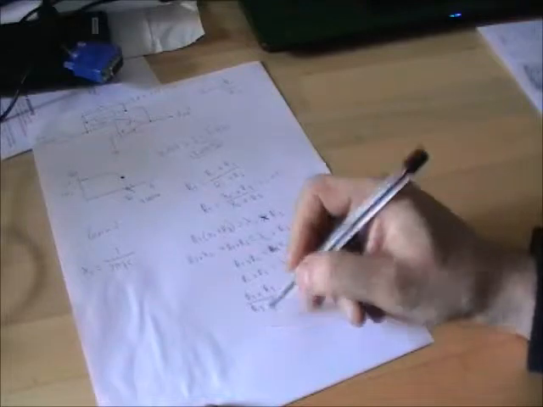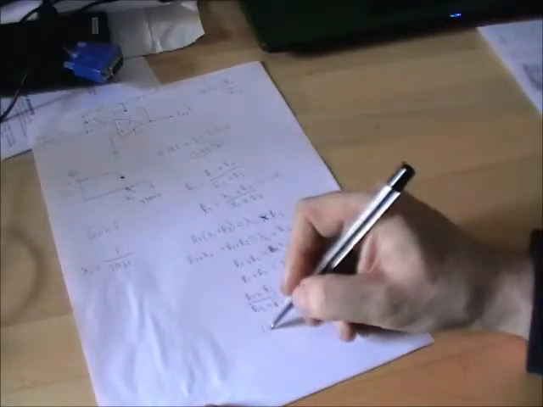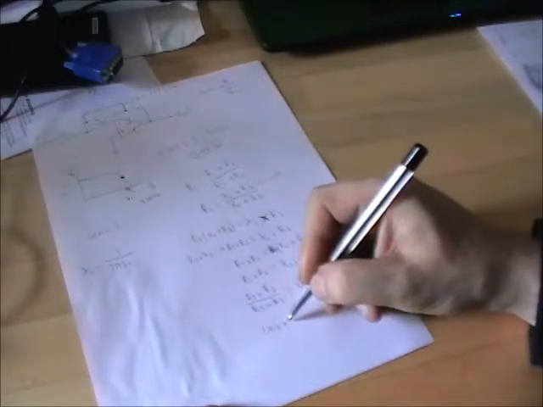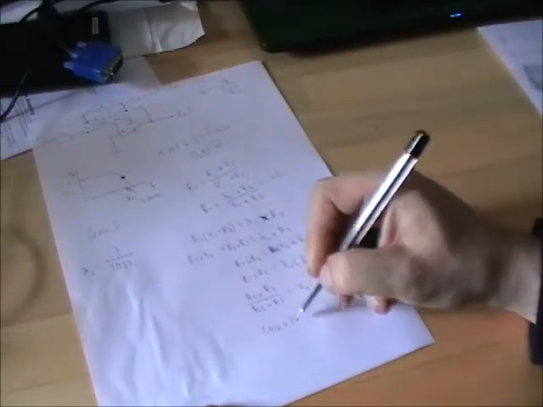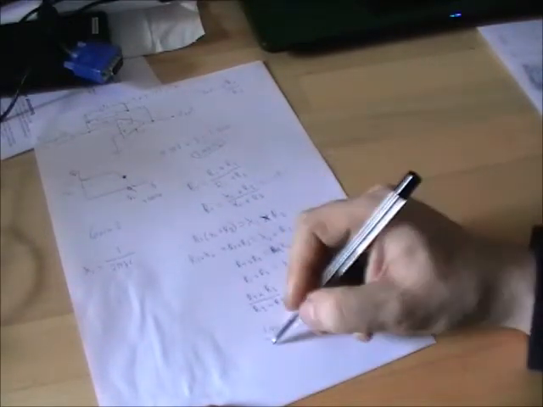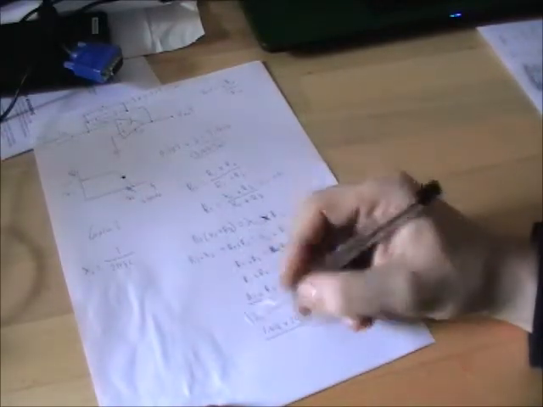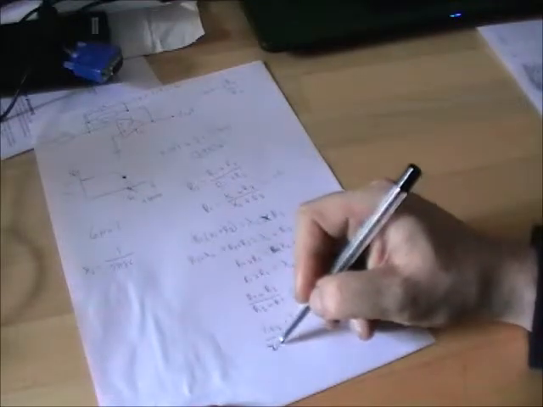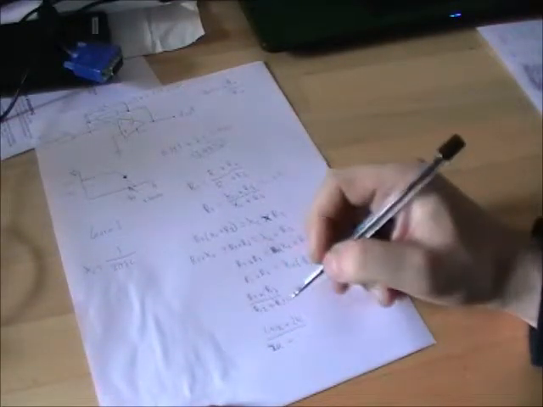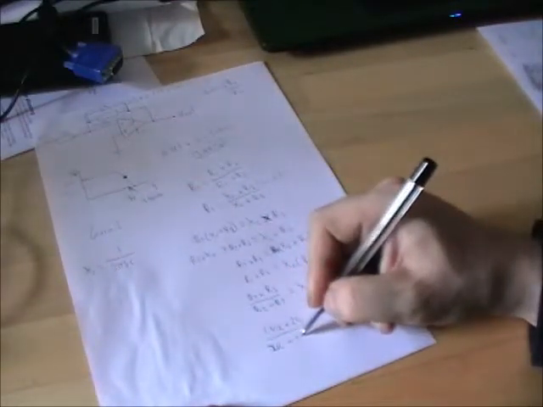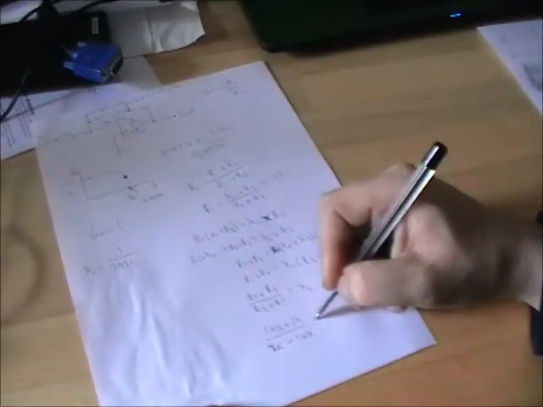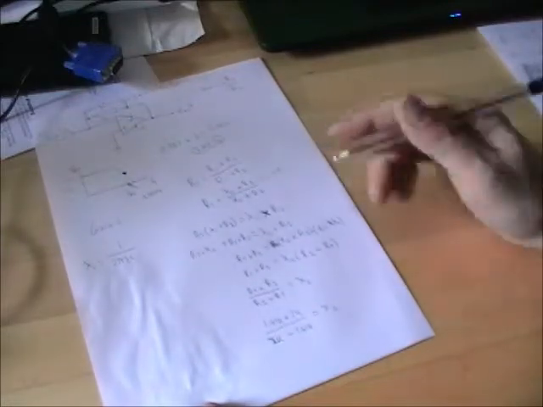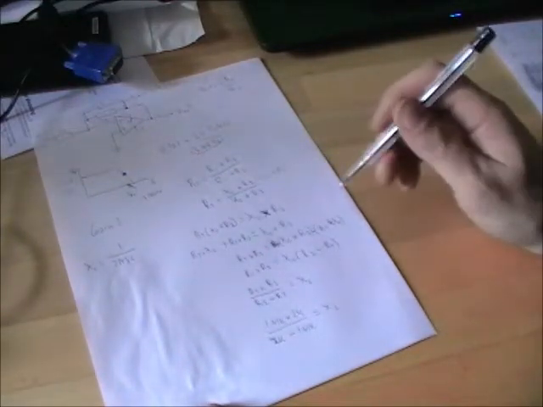So we've got RT is 1.41K times R2, which is 2K, divided by R2, which is 2K, minus RT, which is 1.41K, and that should give me the value for XC, and we can try and work out whether it actually works.